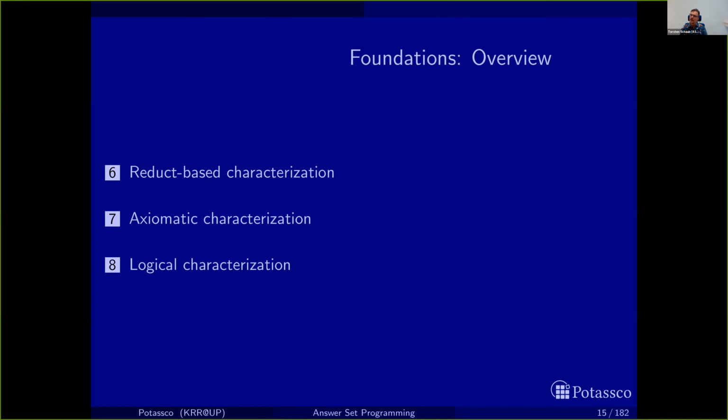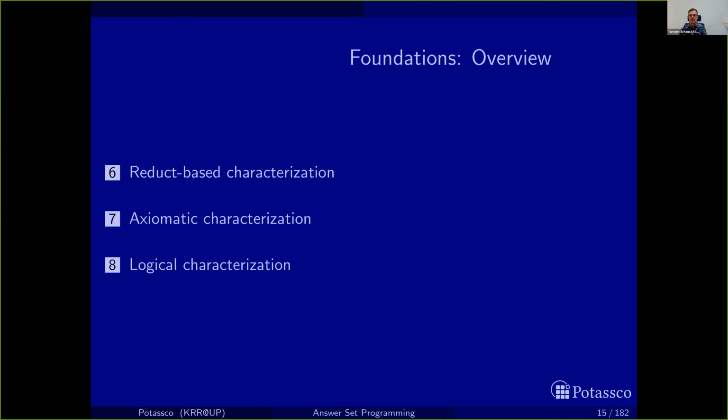And as I mentioned before, when things were invented, there was no logical foundation. So people used classical logic and then did meta-mathematical constructions on top. We will first look at the reduct-based characterization, but from a slightly different view. Then I will briefly show you an example of how you can axiomatize it, in the sense of what you have to write down in Boolean logic so that you get the same stable models of a program.